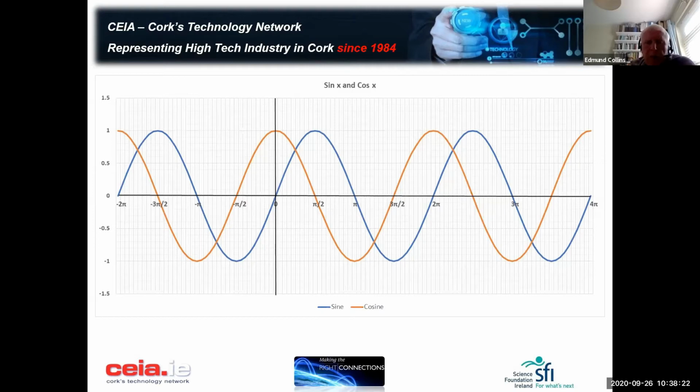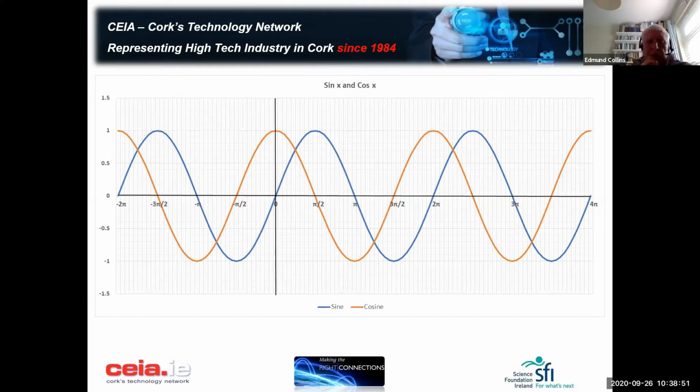Sine waves happen naturally in nature. For example, the tides follow this wave pattern. Pendulums follow this wave pattern. So it is used a lot in physics and in electronics. The sine function is very important.